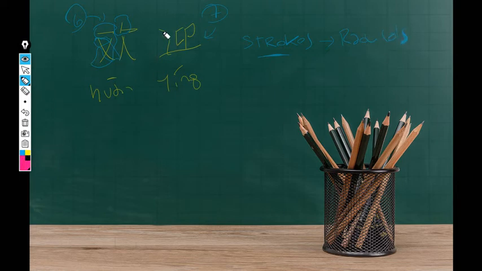Radicals are like these things, for instance, or like the whole thing here. This can be a radical. Okay, so strokes make radicals, and radicals make what we call Hanzi, which are our Chinese characters.